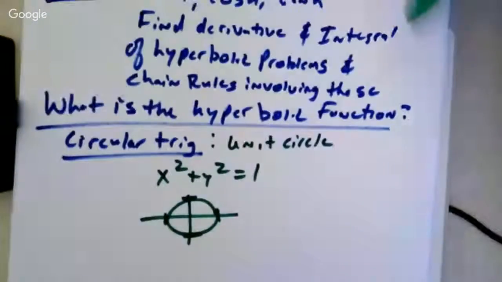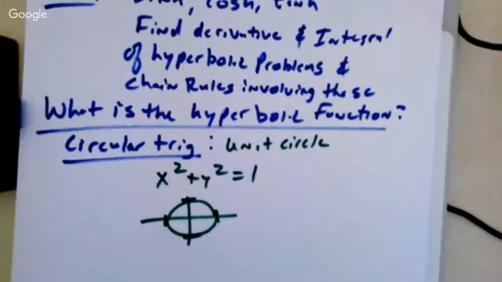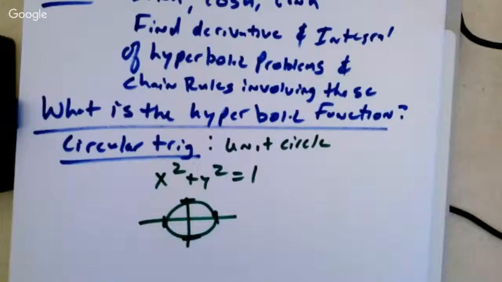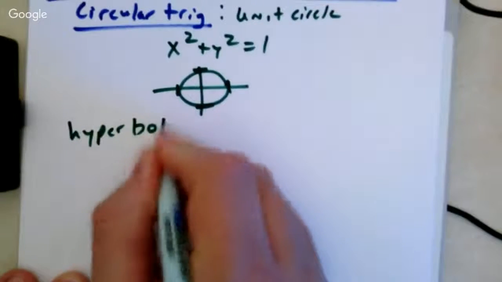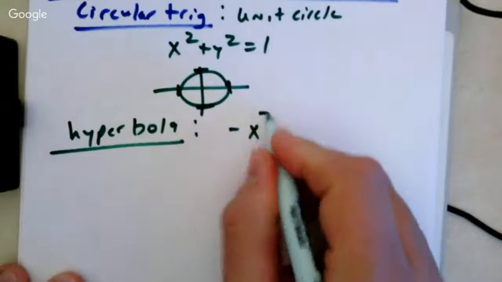But as I kind of mentioned in side topics once in a while, there are more geometries than just Euclidean. You learned Euclid's rules. You learned Euclid's axioms. What if instead of basing it on a circle, we based it on a hyperbola? So what's a hyperbola? So what if we change that x squared to a negative?